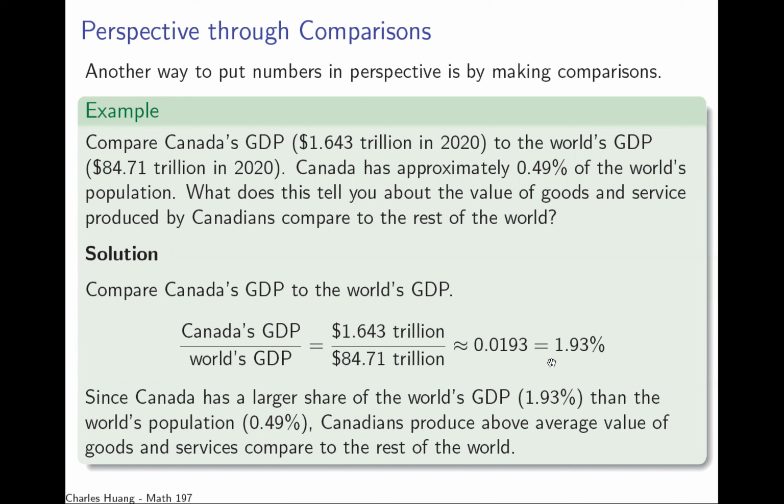So Canadians produce above average goods and services. That means we are a little bit more productive in the economic sense. It doesn't mean that we're working harder. It just means the stuff that we make is worth a little bit more on the global market.